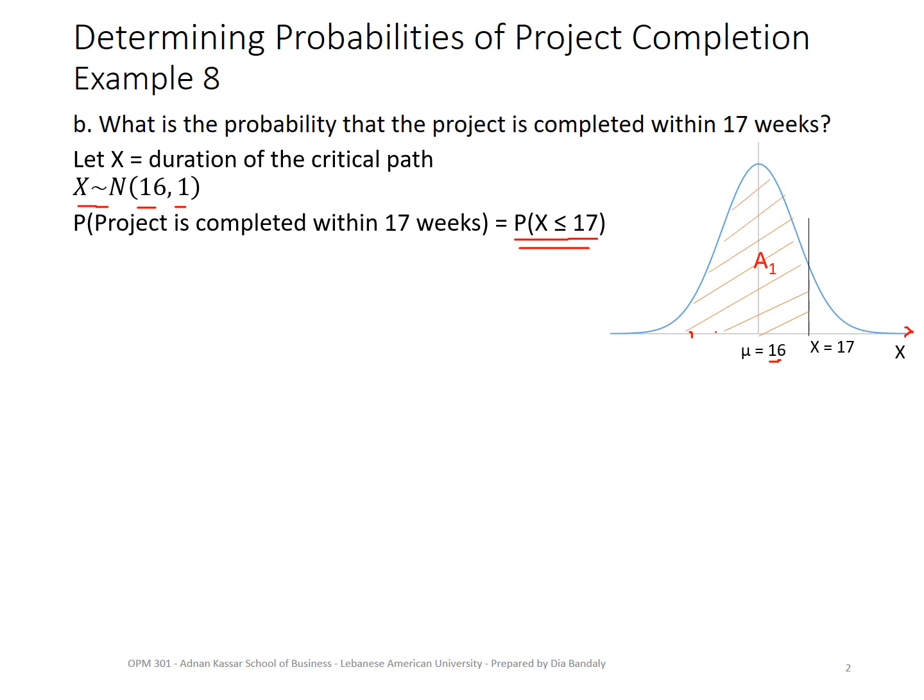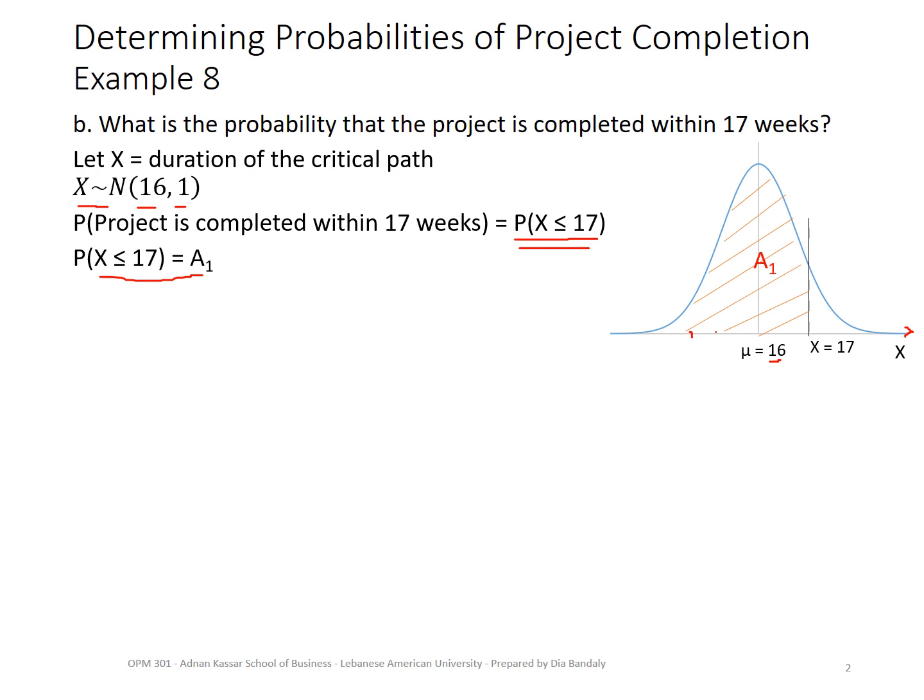And I will call this area A1, which then allows me, with this new notation, to write that P of X less or equal than 17 is A1, right? So far, you're very familiar with this procedure. Now, how to find A1? A1 is my final answer, by the way. Okay, I need to find this area.